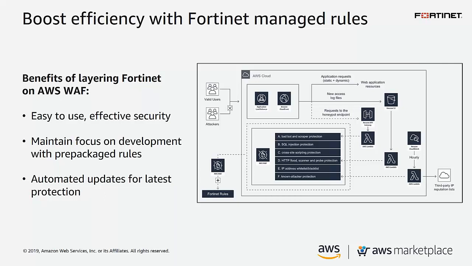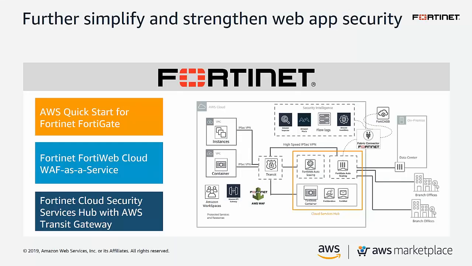So it's super easy to budget that protection as part of your overall application. And it really doesn't matter whether your app is running in S3 with API Gateway, or maybe more sophisticated applications running on EC2. AWS WAF with the managed partner rules is going to help protect that.